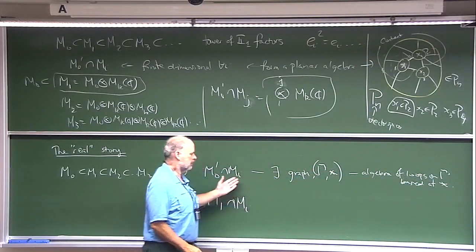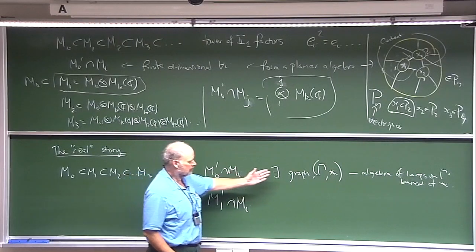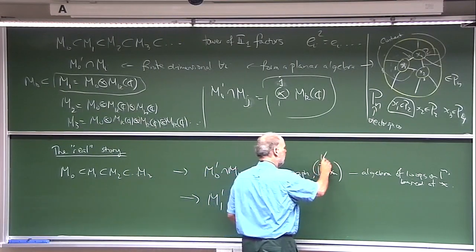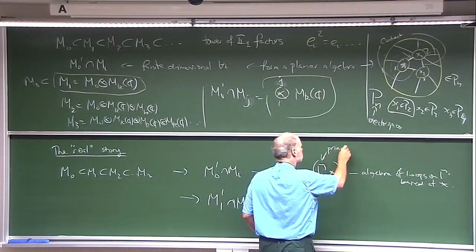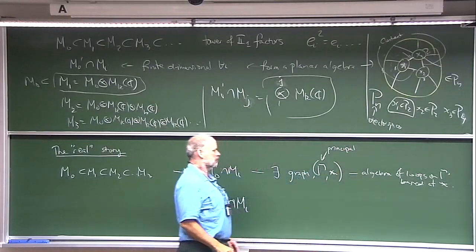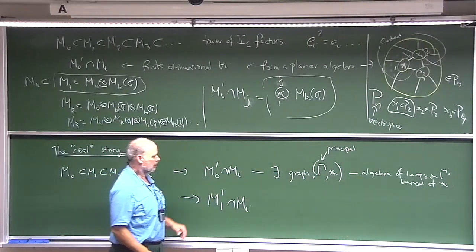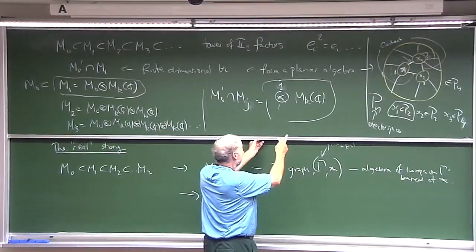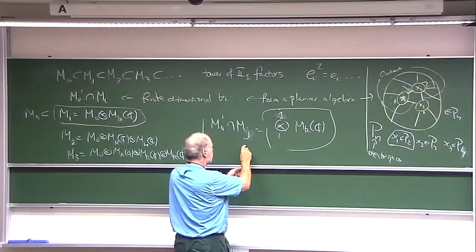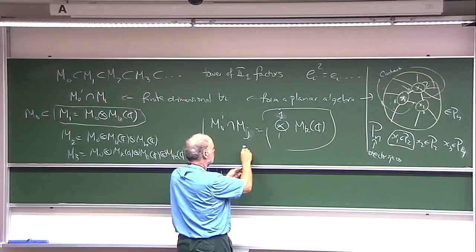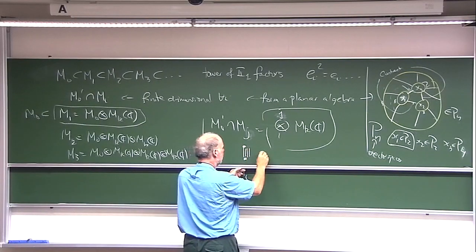Okay, so there's this theorem that this algebra is very easy to describe. There's this thing called the principal graph. It's the algebra of loops based at star on this principal graph. So in this case here, the principal graph is simply two vertices and k edges.